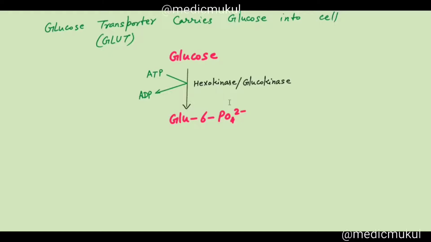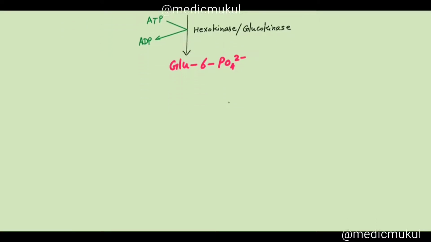Then in the second step, glucose 6 phosphate is converted into fructose 6 phosphate. Glucose is also 6 carbon, fructose is also 6 carbon, so the enzyme used here is isomerase, glucose-fructose isomerase.